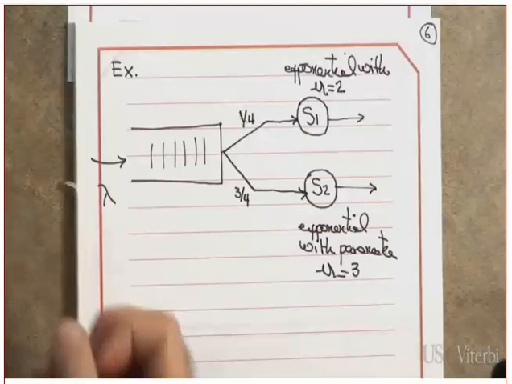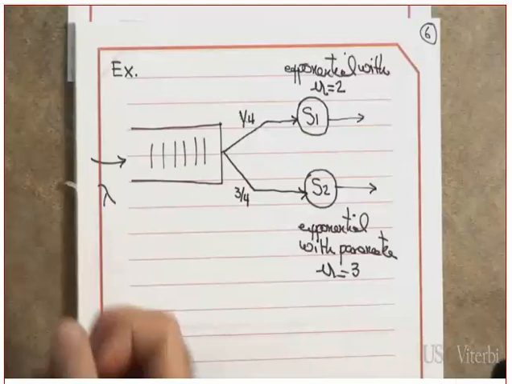It's E[S] given server 1 times 1/4, plus E[S] given server 2 times 3/4. E[S] given it was server 1 is 1/2 times 1/4, plus E[S] given server 2, which is 1/3, times 3/4, which is 1/8 plus 1/4. This is E[S]. Clear?